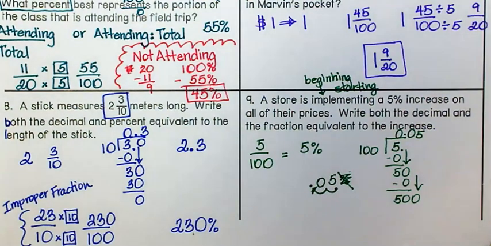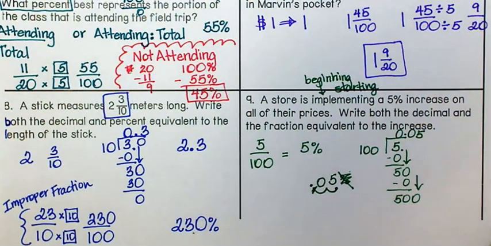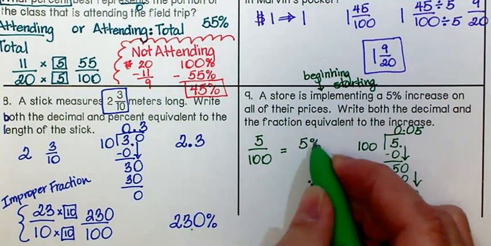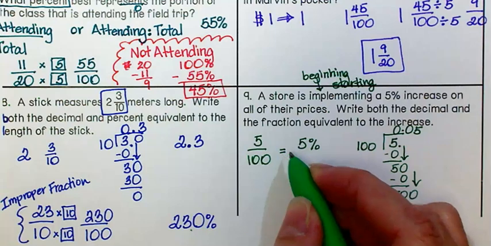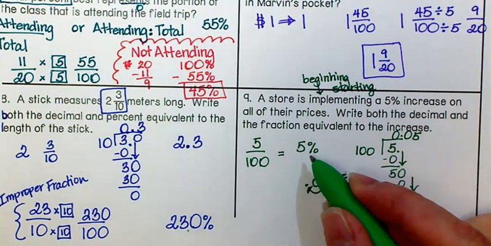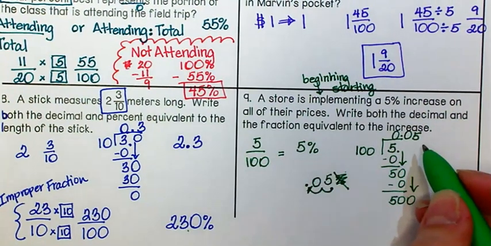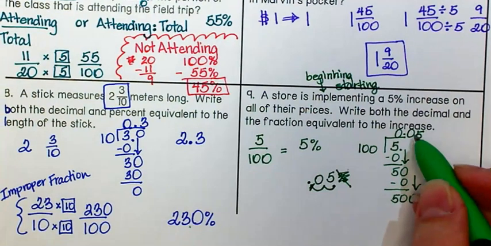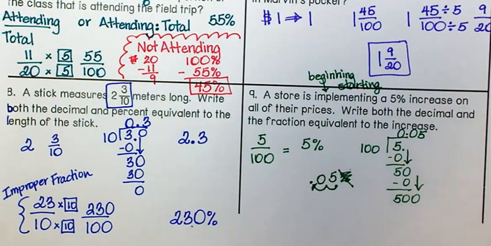So our decimal equivalent is 0.05, okay? I can either just take the percent sign off and move, or if I don't remember how to do that, I can just do long division, but that's not super fun either, especially if you're not great at keeping up with your zeros. Okay, but that's the decimal equivalent.